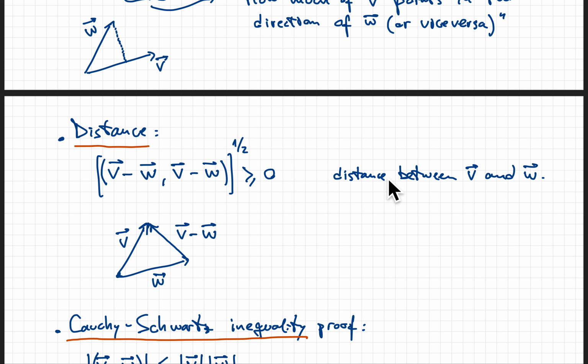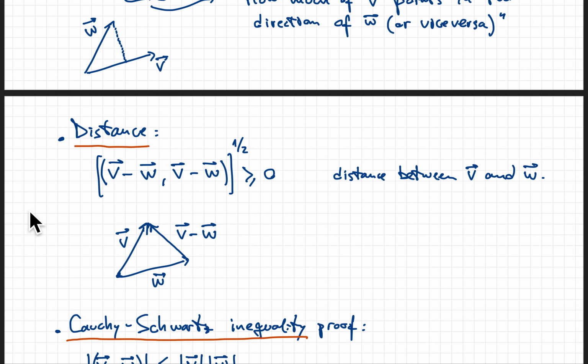And when v is equal to w, the distance is 0, of course. If this is v, this is w, you know that w plus v minus w gives you v, and so this is the triangle type, or sometimes called the polygon way of adding vectors. This plus this gives you v. The point here being that this difference then can be characterized as the distance between two vectors.